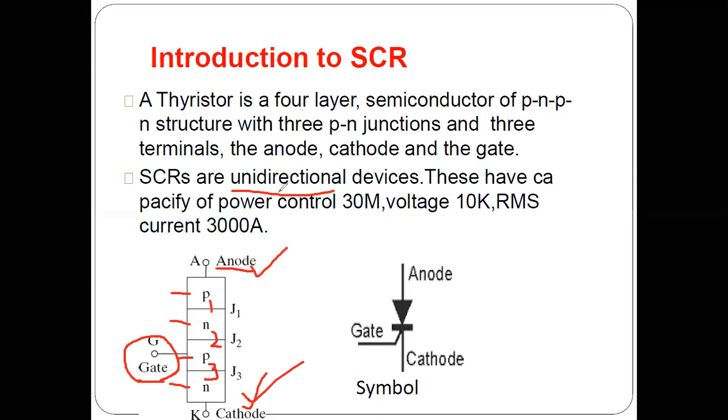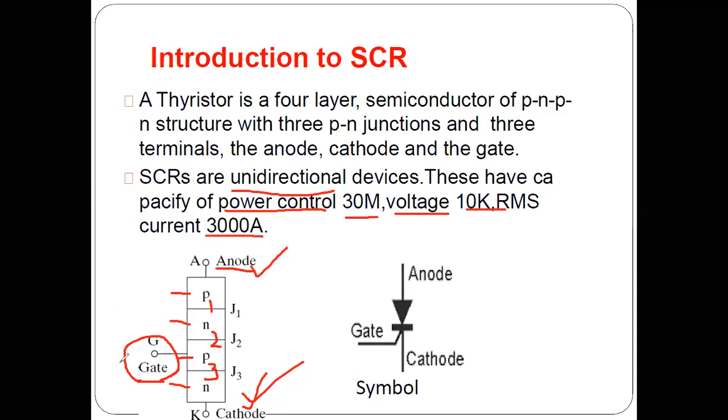The diode which we have studied is also unidirectional, in the sense it will work only under forward bias condition, not under reverse bias condition. These devices have a power controlling capacity of up to 30 megavolt or 10 kilo RMS and a current of 3000 amperes.